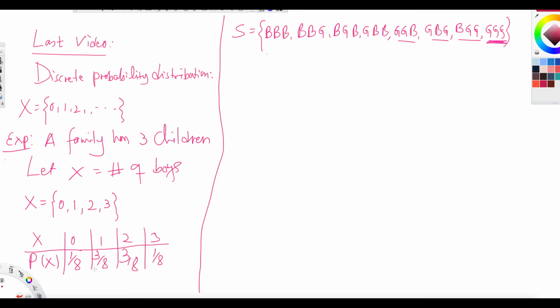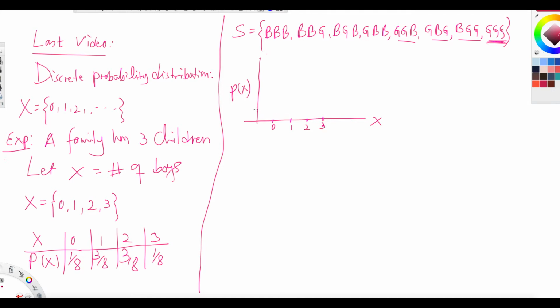That's what we did, and this is called a discrete probability distribution, because this distribution has the values of the random variable, and we are able to write the probability of each of these values. Okay, this is an example of a discrete probability distribution. And also we drew a histogram for this, right? How did we draw the histogram? We wrote the values of x along the x-axis and then p(x) along the y-axis, right? And we wrote 0 boys, 1 boy, 2 boys, and then 3 boys here.